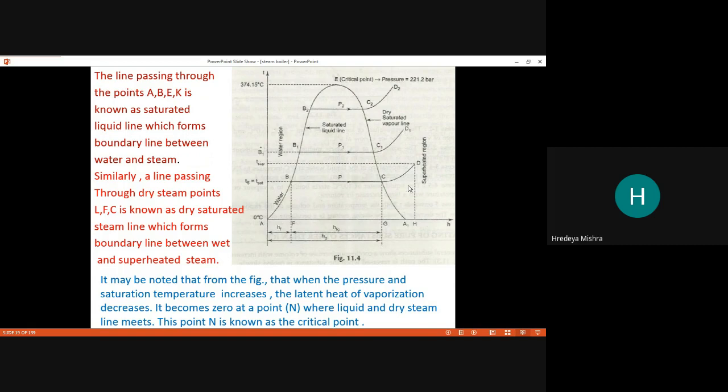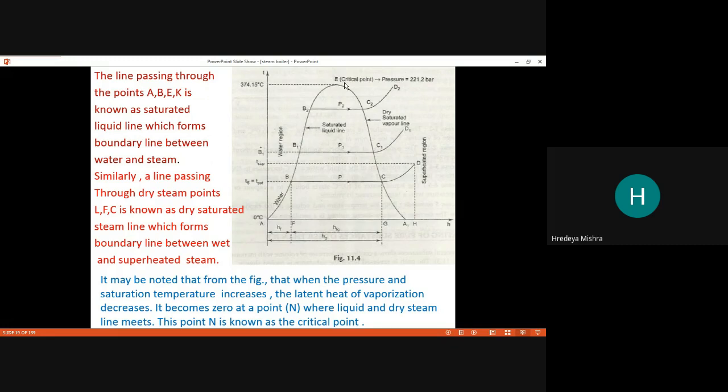It may be noted from the figure that when the pressure and saturation temperature increase, the latent heat of vaporization decreases. It becomes zero at the point N. See here, if you draw this line, this is our graph.